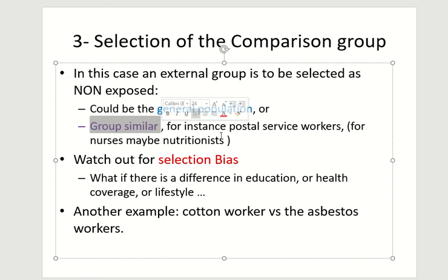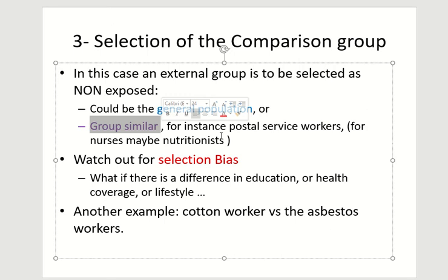Okay? When you're doing that, you need to watch out for selection bias, because an issue that always has to be in your mind is, what if there is a very drastic difference between the two groups, not to do with the fact that one is exposed and one is not exposed, but to do with other things, their education, their income, and so on.